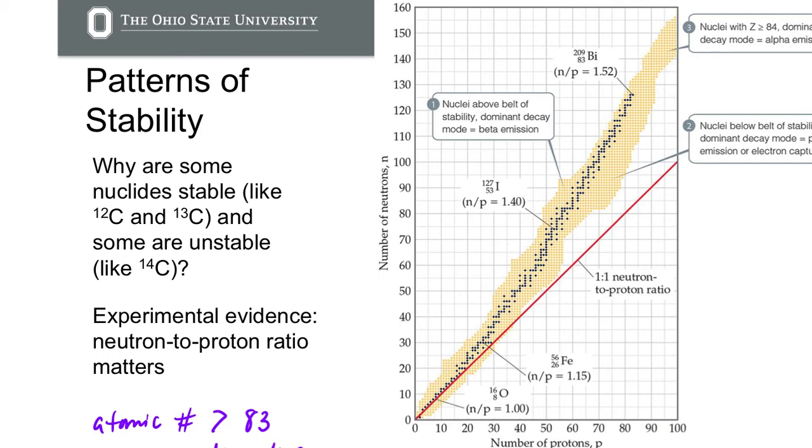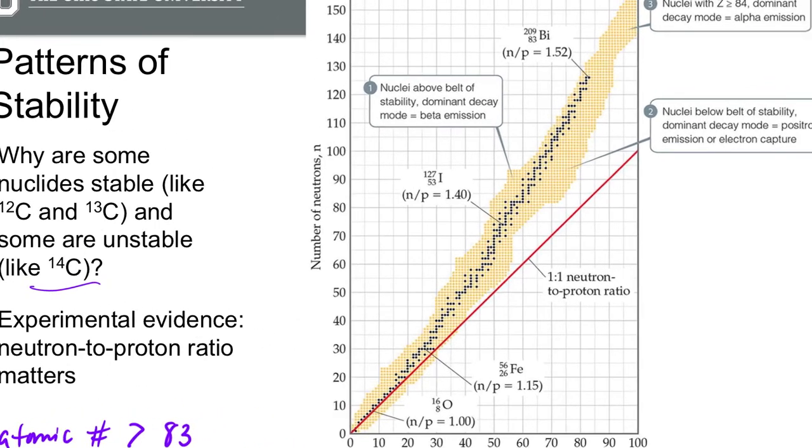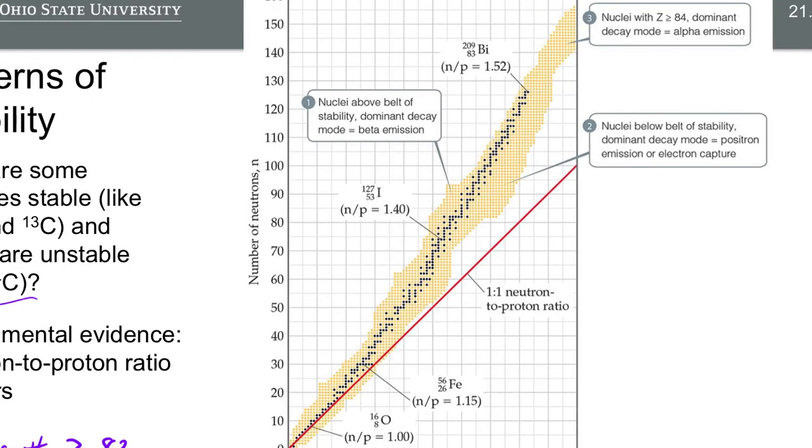Okay, so some nuclides are stable, carbon-12, carbon-13, they don't decay. But carbon-14 is an unstable nuclide. So what people have done is made a plot of the number of neutrons, shown on our y-axis, versus the number of protons, also known as the atomic number.